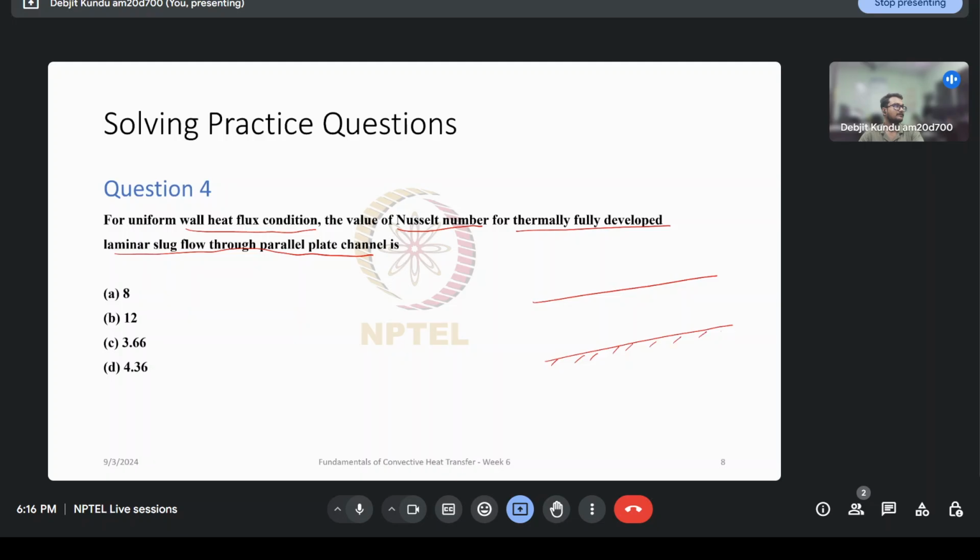So we have two parallel plates separated by a distance 2H, and there is a uniform slug flow through it given by u_m, and there is a uniform heat flux condition as well. So q dot wall is equal to a constant. In this case, what should be the Nusselt number? Should it be option A 8, option B 12, option C 3.66, or option D 4.36?